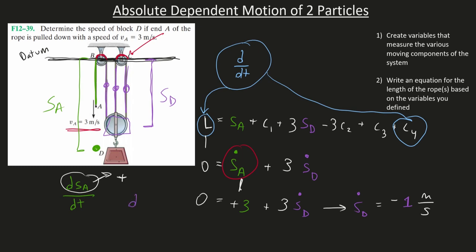Which means the change in that variable, SD, with time, will be a negative. This delta SD is negative because SD is getting smaller and smaller. That change is negative. So, yeah, we definitely should be getting this negative here. So, that's how you do it.